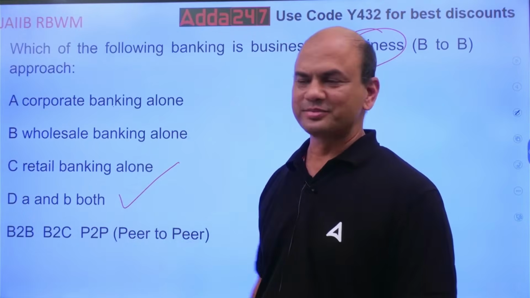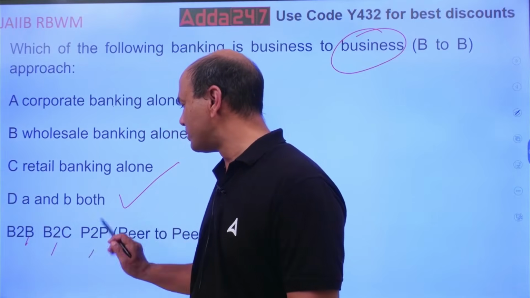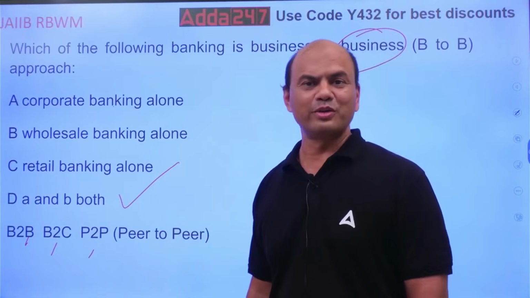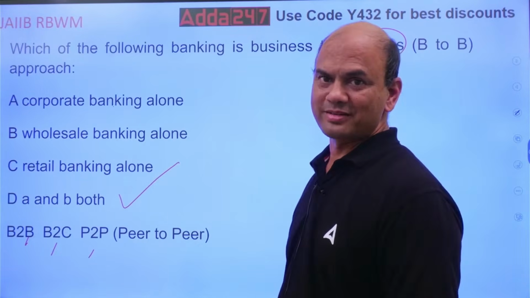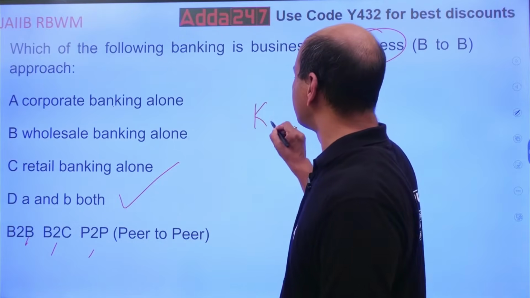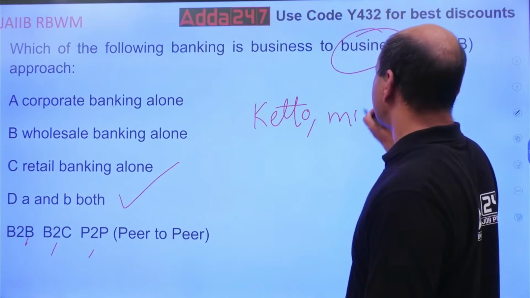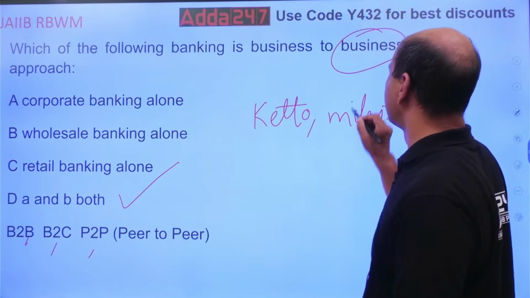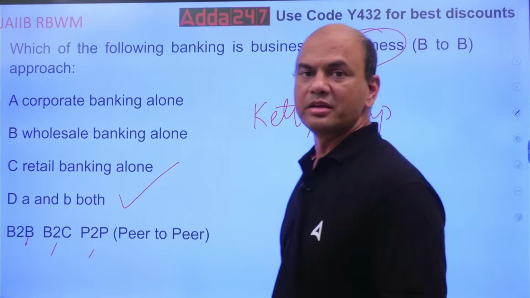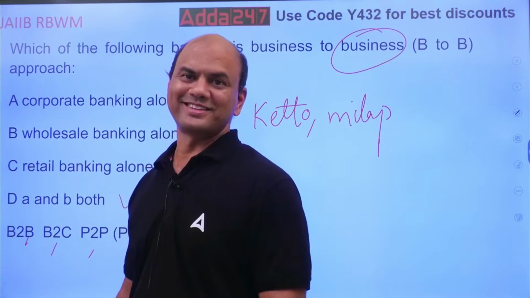Otherwise, they are same. See the approaches, B2B, B2C and P2P. This P2P is totally different now. Do you know what is P2P? Peer-to-peer. Means what? You see those ads nowadays, like Ketto, Milaap: my child is very ill, the operation costs 5 lakh rupees, please contribute and give.